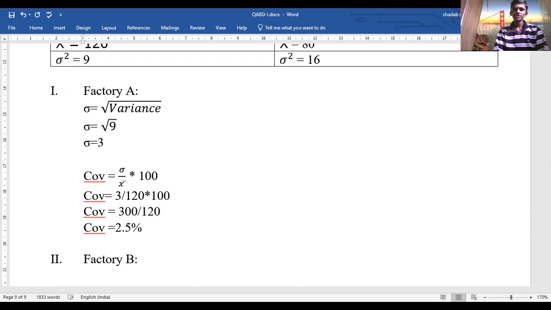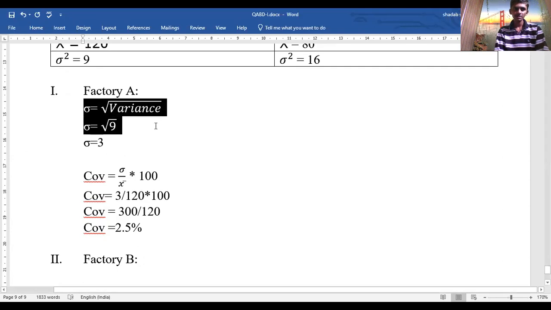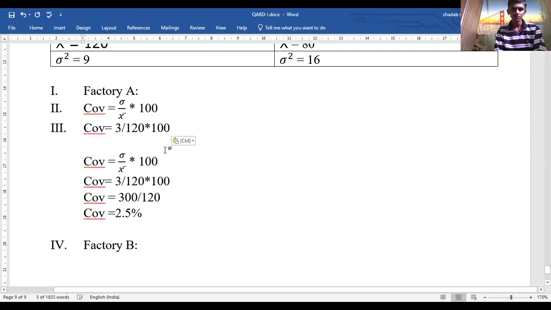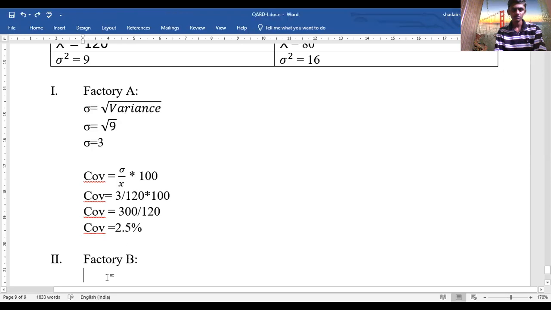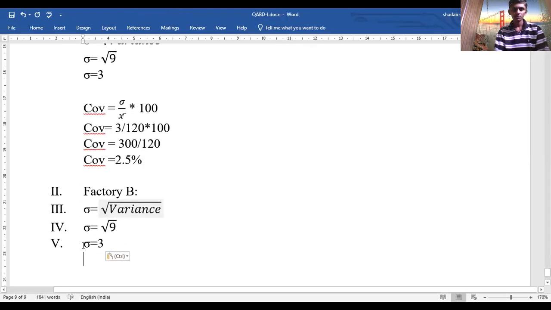Same, we have to find the standard deviation here. Standard deviation equals square root of variance, square root of 16.